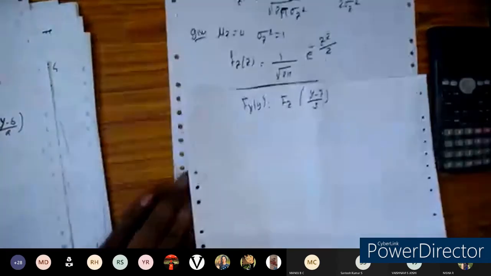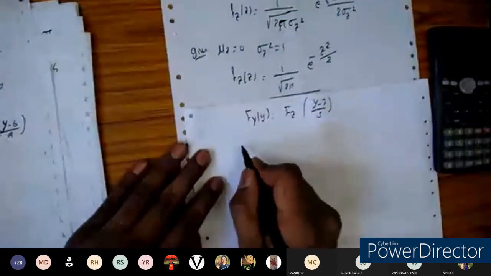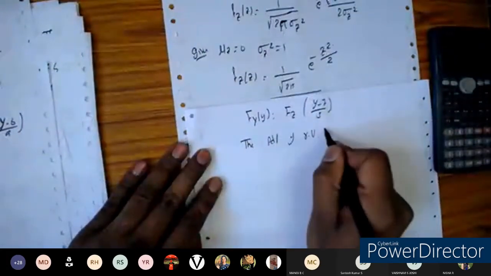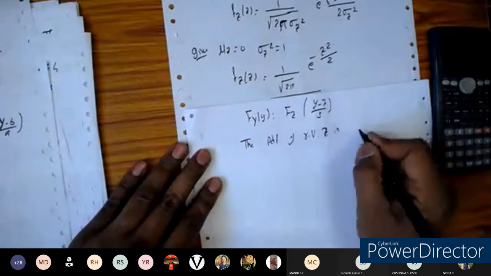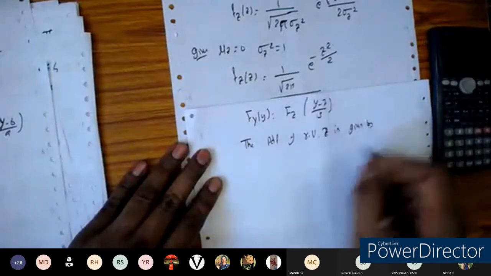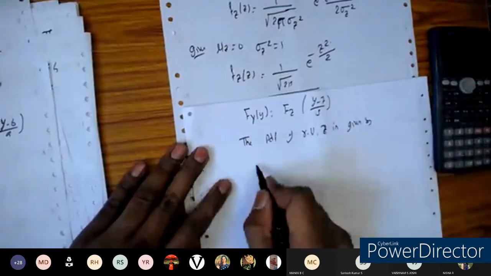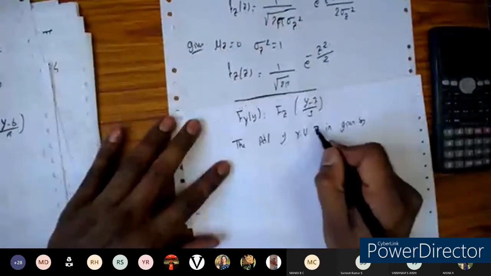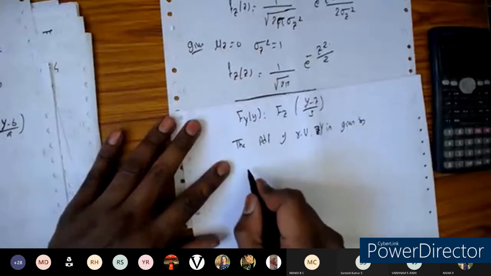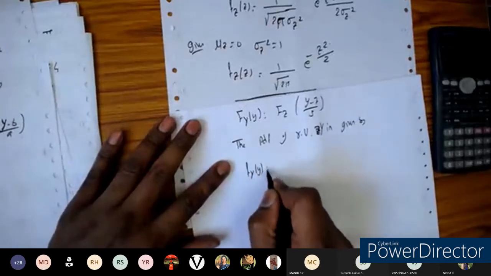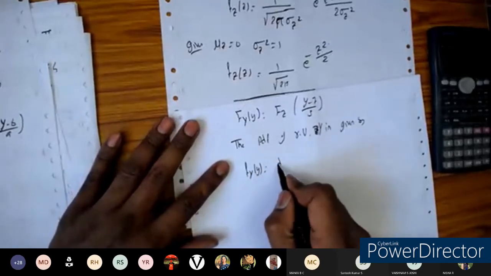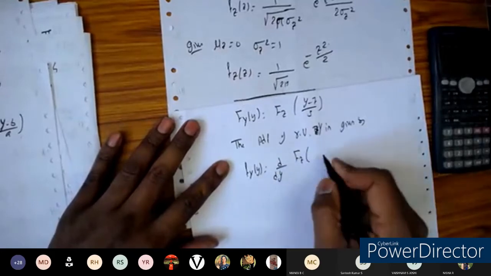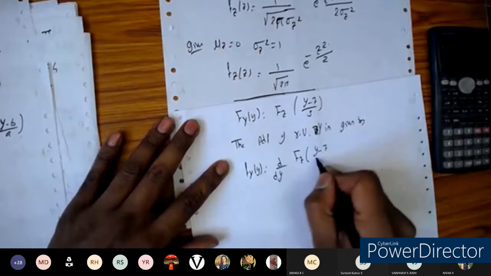Right. Now what we'll do is take the PDF of the random variable y, sorry, random variable y, not z. So it is nothing but f_Y(y) is equal to d by dy of F_Z of (y minus 7) divided by 3.